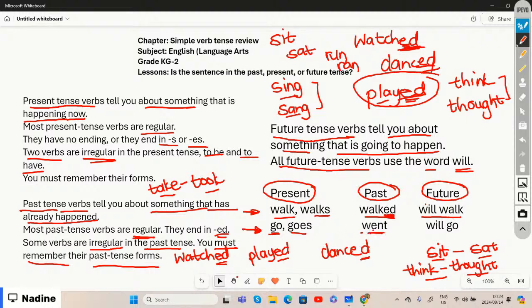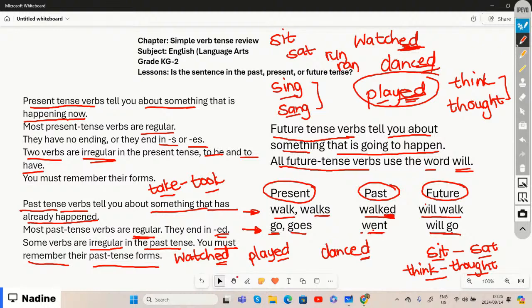And then in the future, whether it's next week, Monday, tomorrow, they will go home. Peculiar will go home. So this shows the future tense: will go, will walk, will sit. And that shows the future tense.